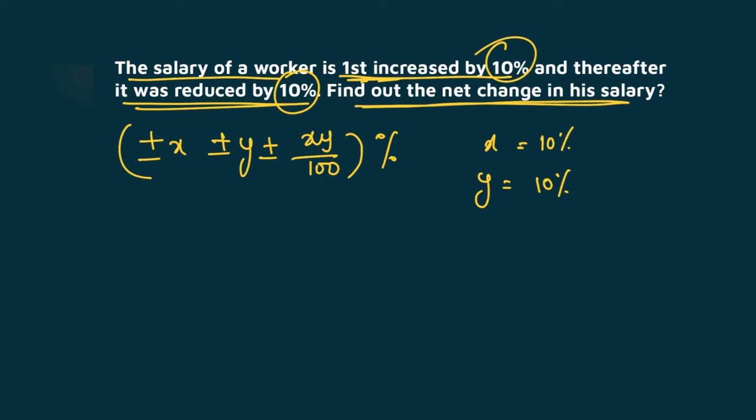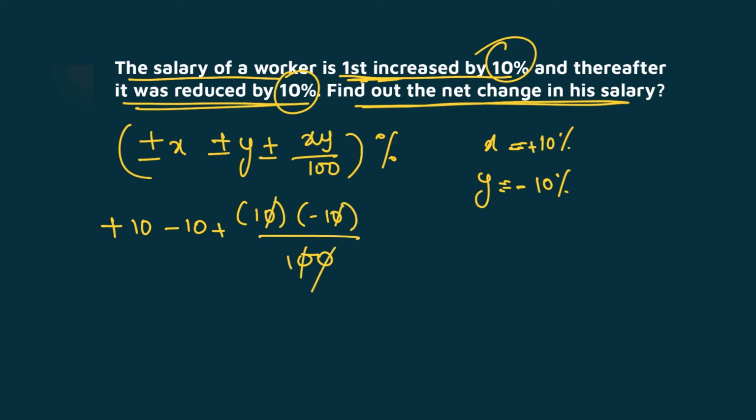Here the only difference is that at first the salary of the worker is increased by 10%. So x is equal to plus 10%, and then it was reduced by 10%, so y is equal to minus 10%. So plus 10 minus 10 plus 10 into minus 10 divided by 100. Both zeros get cancelled.